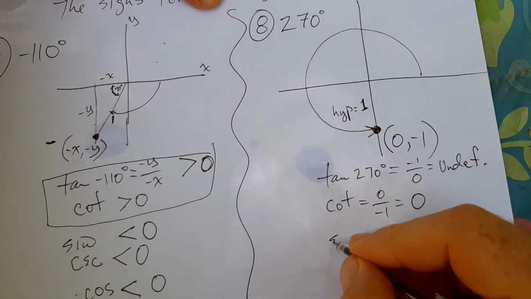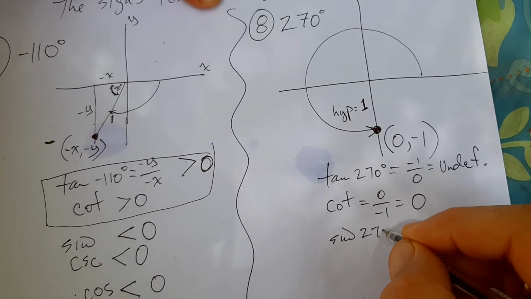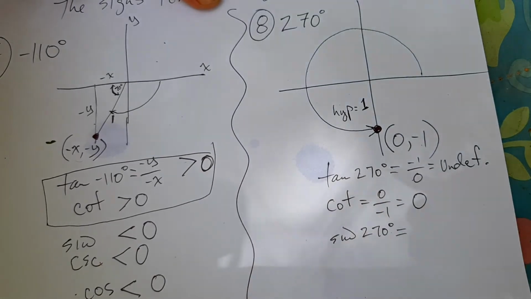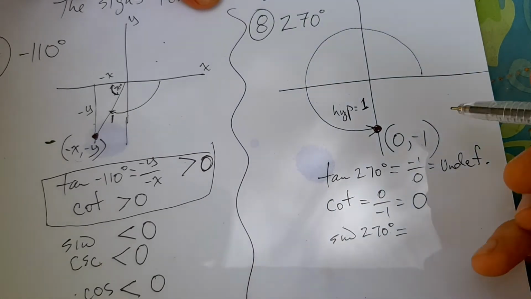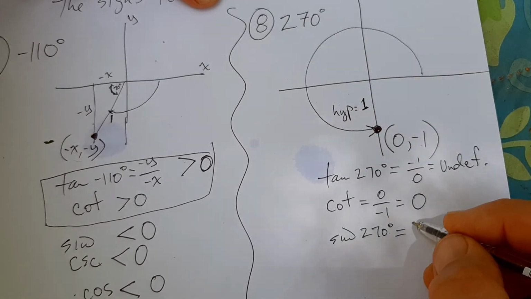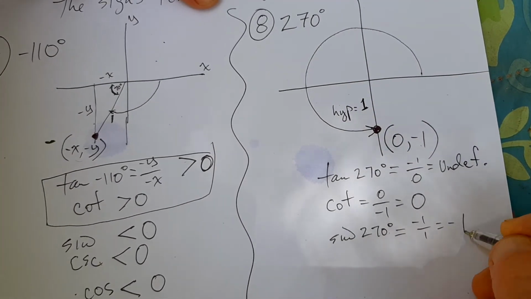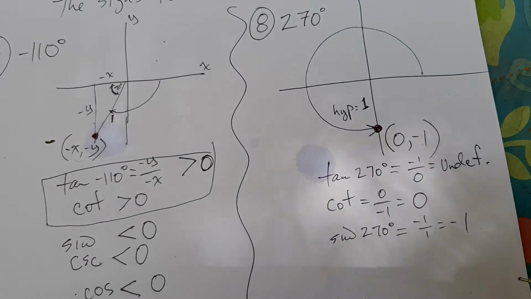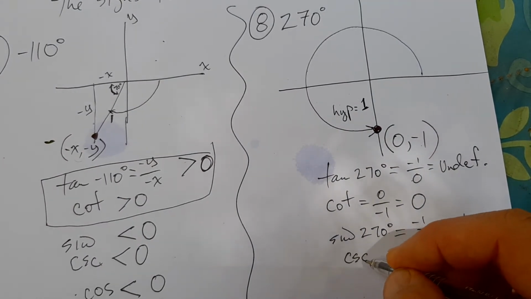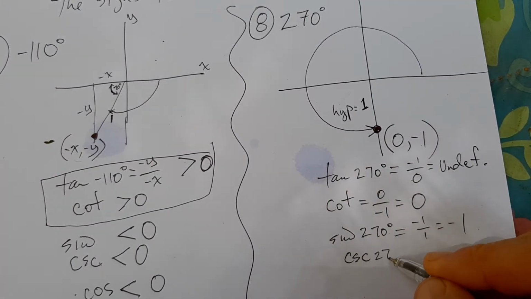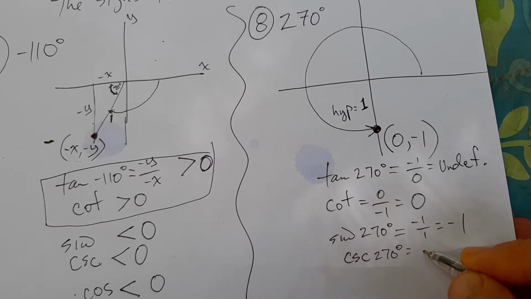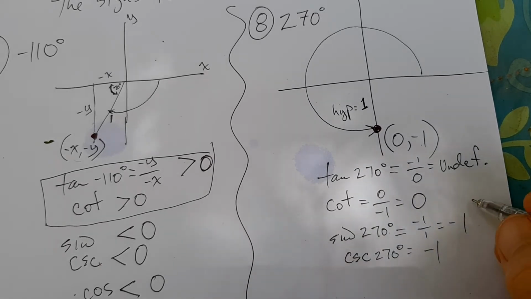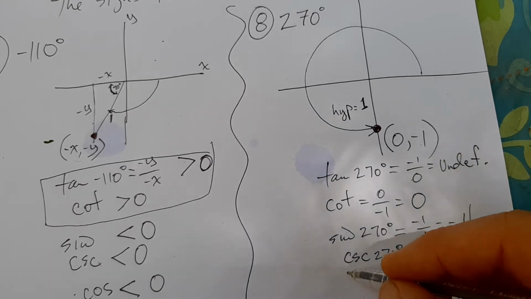Now sine. 270 degrees. Sine is the y over the hypotenuse. Negative 1 over 1 equals negative 1. And the cosecant of 270 will be the same, because it's 1 over negative 1.